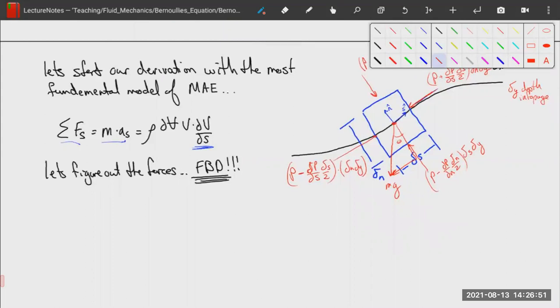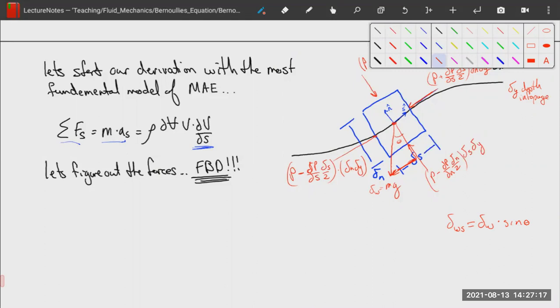But we should remember, just off the top of our heads, that delta weight in the S direction is equal to our delta weight, our infinitesimal weight of our infinitesimal object, times the sine of theta, because we just want that component opposite the angle, right?